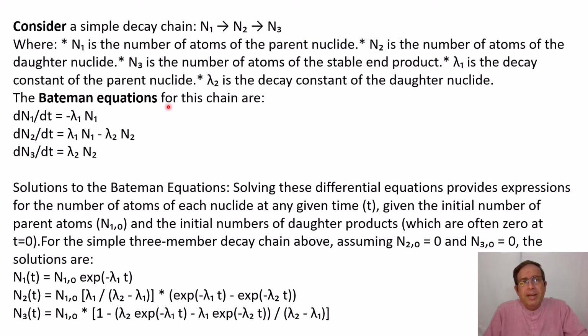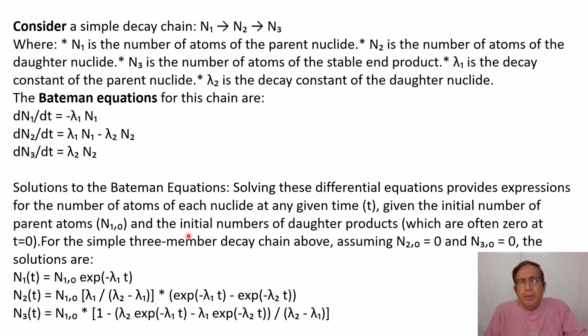These are called the Bateman equations because they were first solved by Bateman, and he gave the general solution for successive disintegration to n order of sequence. The solution of the Bateman equations is not trivial, it is complicated, but you can solve it starting from the assumption that at time t equal to 0, N2 and N3, the concentrations of nuclide 2 and nuclide 3, are 0, only nuclide 1 is present, and its concentration at time t equal to 0 is represented by N10.